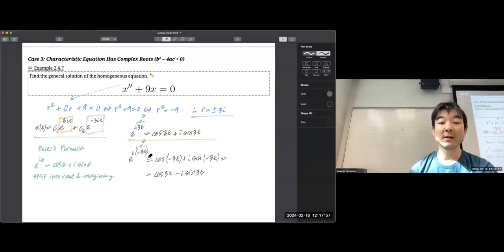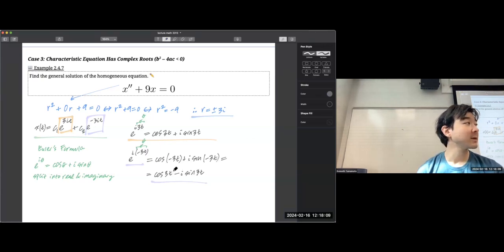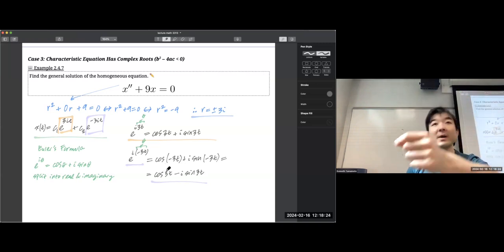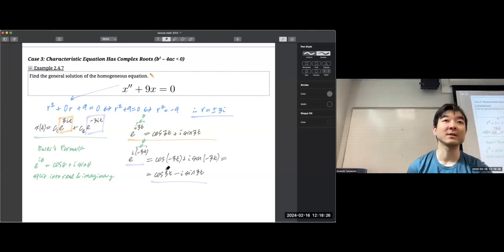So you could rewrite this in this form right here. And so this complex exponential is the same as this. So that's the property of even and odd functions. It's basically saying that if you have cosine evaluated at some negative value, to the left of the y-axis, it will be the same value as that same number made positive, just because it has y-axis symmetry.